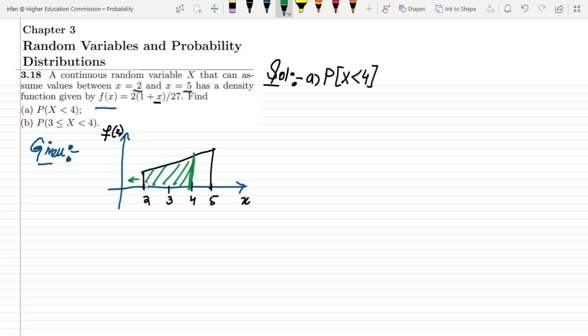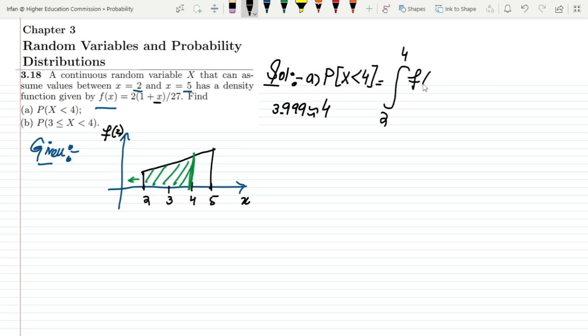In a continuous random variable, the difference between less than 4 and equal to 4 is only in decimal points, so I'm not discussing it, because 3.999 is less than 4 and almost equal to 4. So I am also considering the value 4 here.